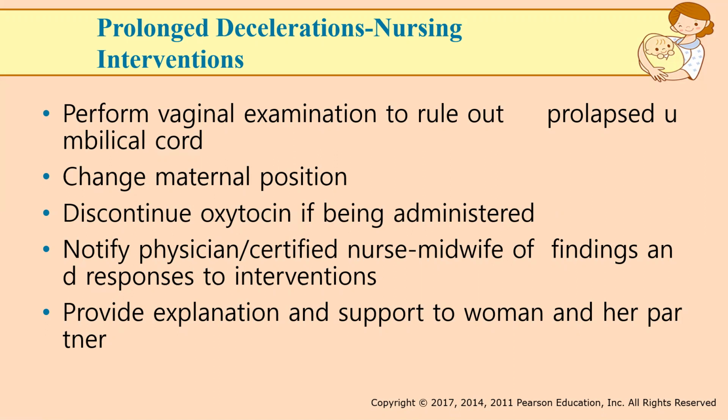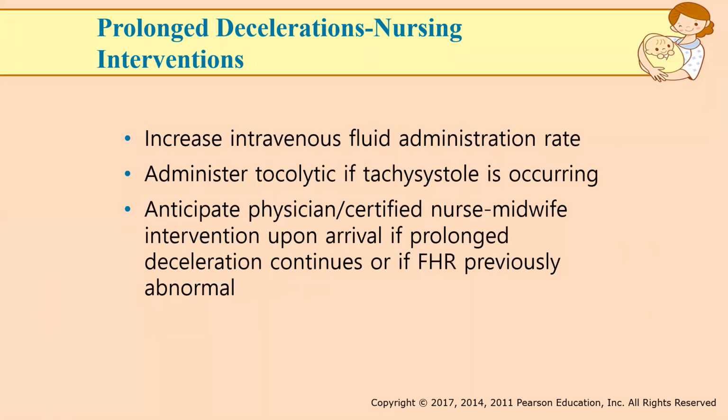Notify your healthcare provider and provide explanation again to your mom and her support people. Increase IV fluids with the prolonged decelerations as well, and we may have to administer a tocolytic if we're having way too many contractions, which is tachysystole.